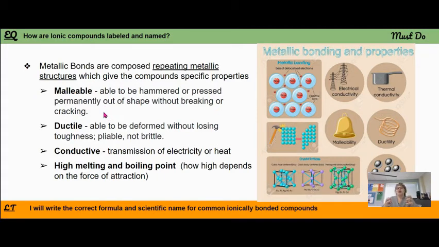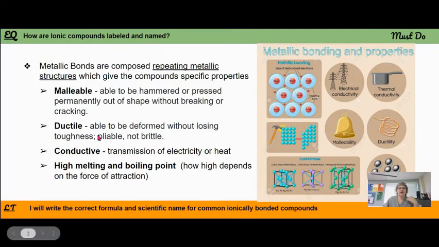It wasn't breaking it. So basically, what's happening is you're hitting those free electrons and they're just kind of moving around a little bit. They're not breaking apart, they're not breaking off, they're just moving into different locations.